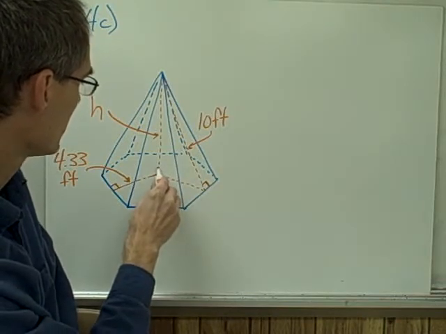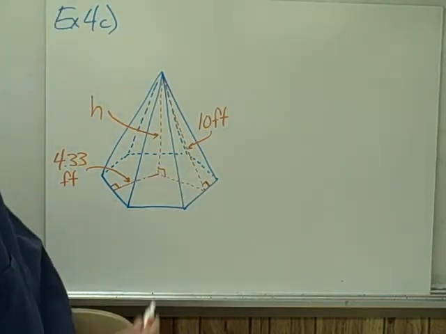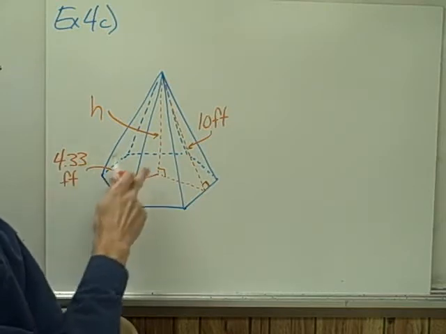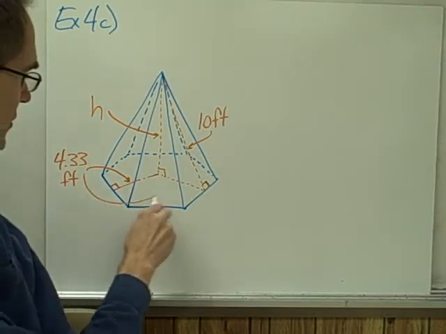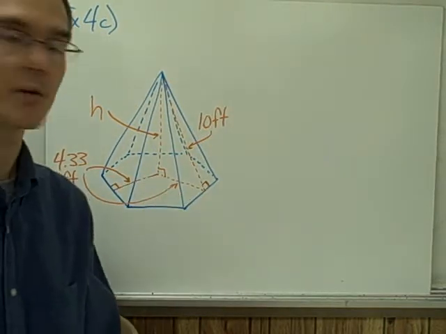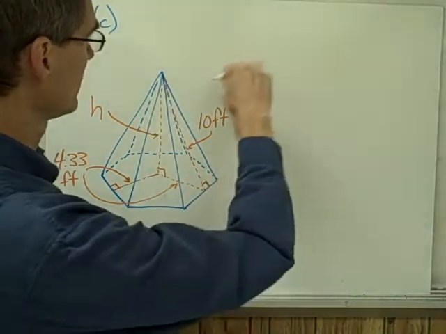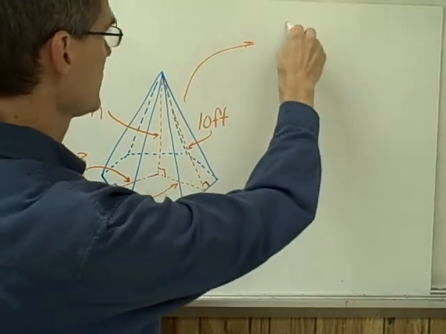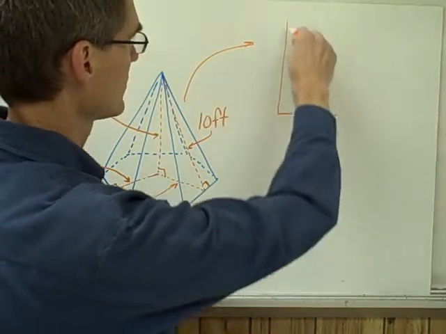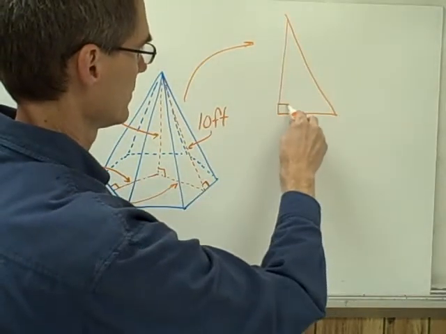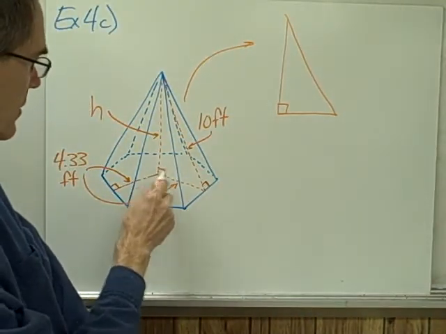And in fact, I'm going to break out this triangle right here, which is a right triangle. Notice my apothem, which is given to me as 4.33 feet. That's also, I just drew another apothem over on this side. I'm going to take this orange triangle and break it out over here. So this orange triangle, there's my right angle right here.